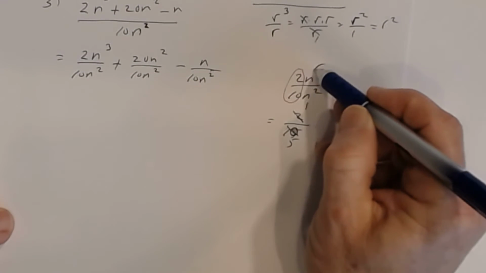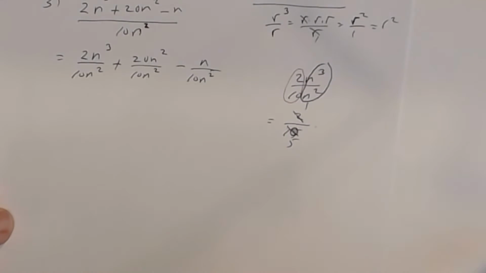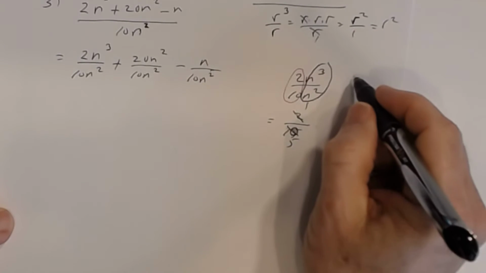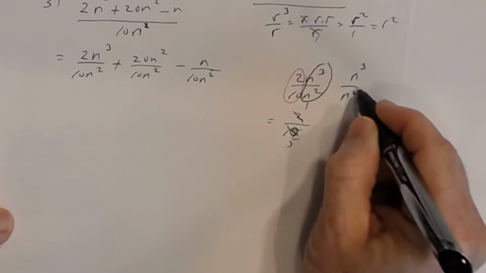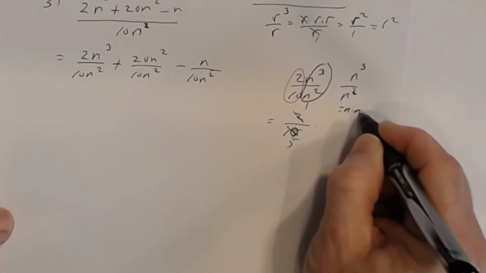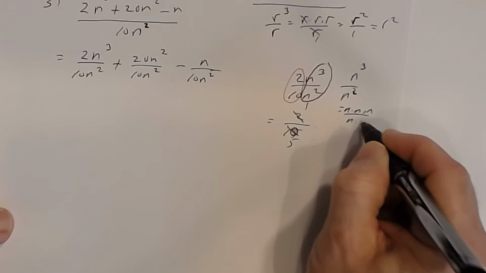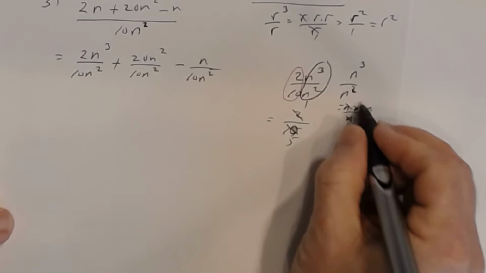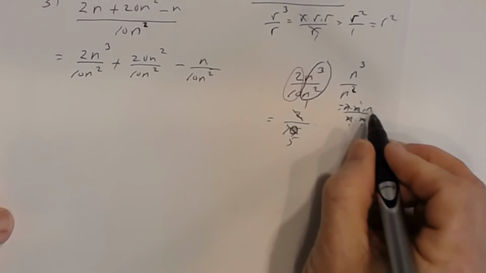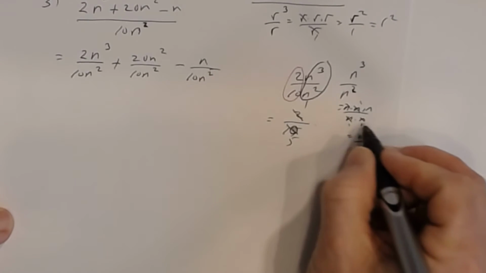Now let's look at this one right here. So I have n cubed, we'll put that here, n cubed divided by n squared. So remember, that means n times n times n divided by n times n. N cubed divided by n squared, and then reduce, just like this. So 1 times 1 times n is n, 1 times 1 is 1.